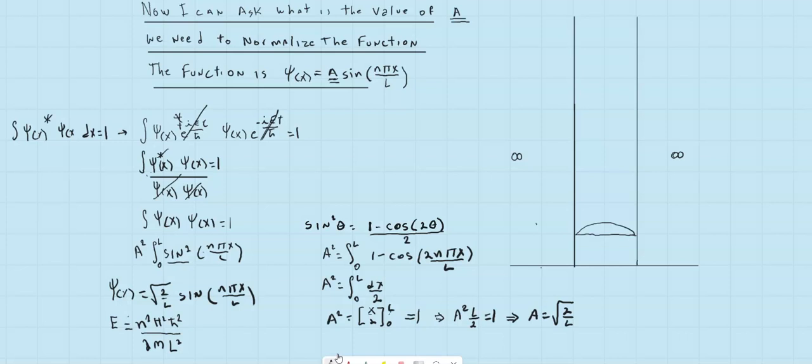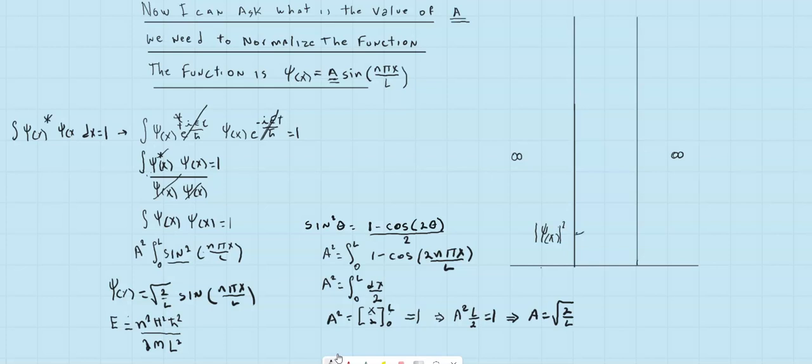We're going to square the function. And when we take the square of psi of x, it's going to go like this.